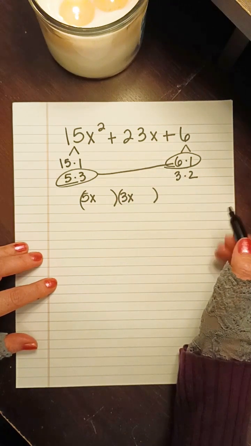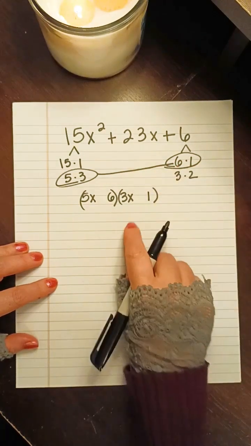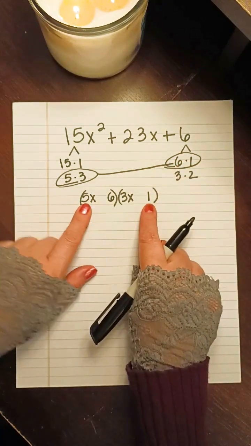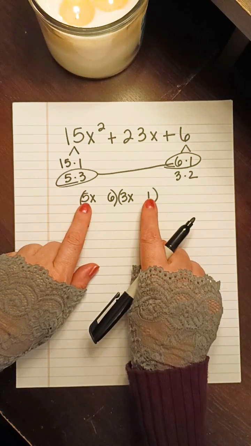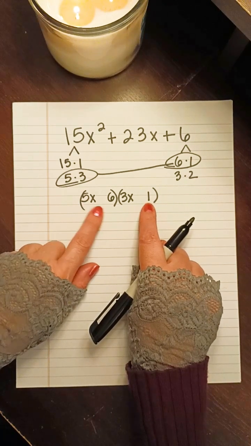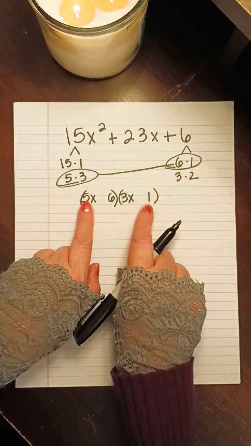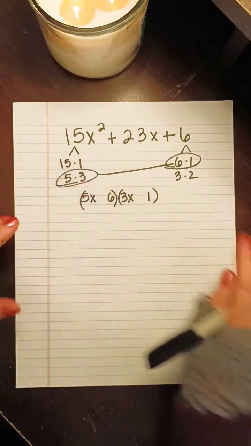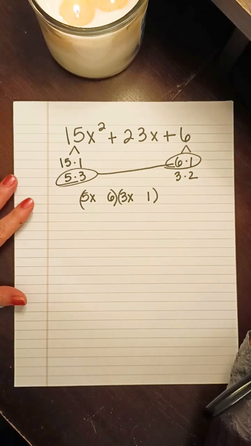I'm going to place the 6 here and the 1 here, because that will get my outside product. My outside terms will multiply to get 5x, and my inside product will be 18x. So 5x and 18x get me 23. Okay, so I haven't worried about signs yet. Now I have to.